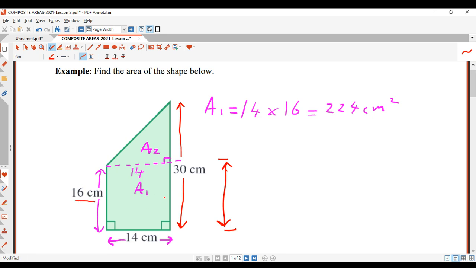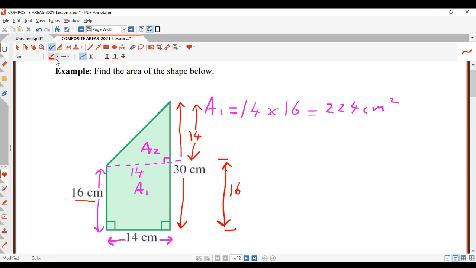Okay, 16 there, so 16 up to there. Okay, now if that's 16 there and all the way is 30, then this little section here must be 14. So 14 must be from here just to there. Okay, so 16 plus 14 is the full 30 centimetres.